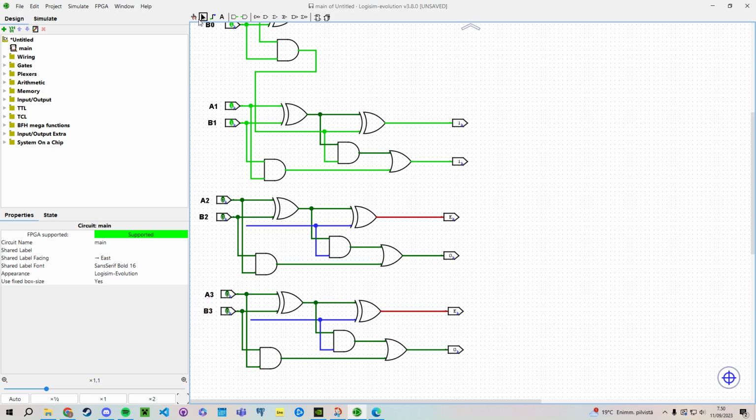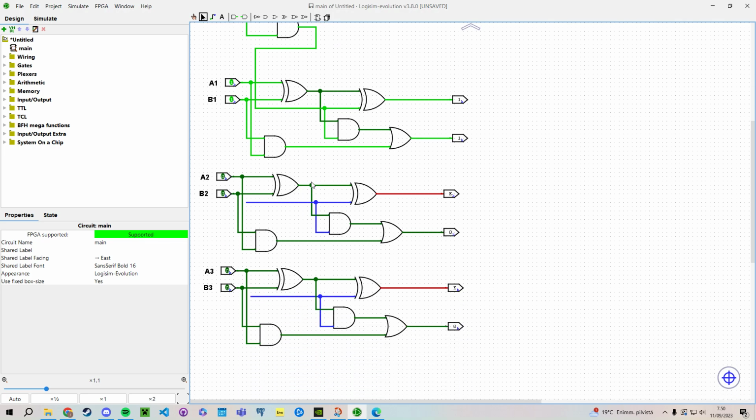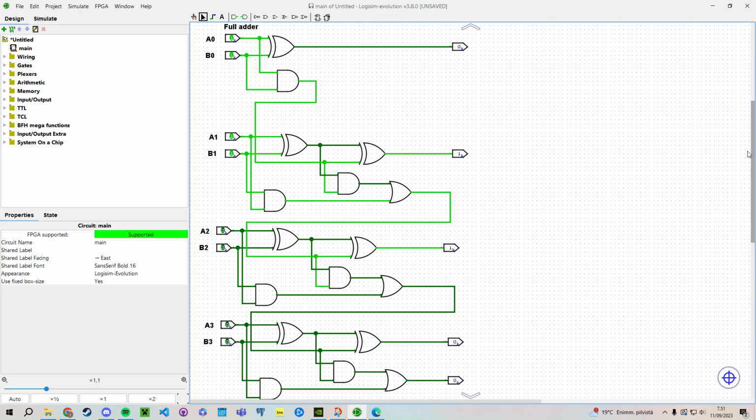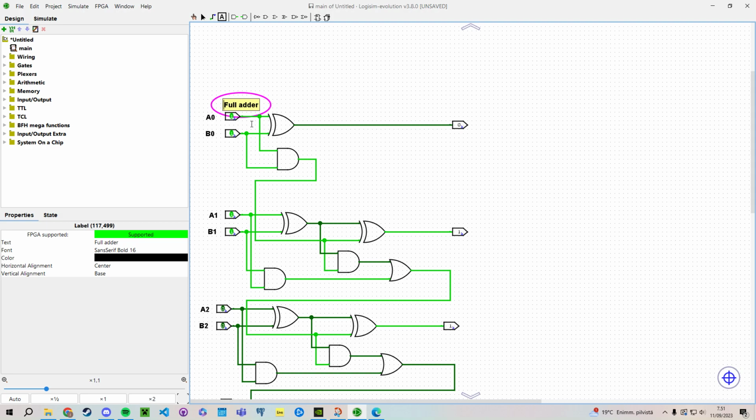And now we should have a 4-bit full adder. Let's just delete that, delete that, and connect from here to here, and from here to here. And let's change this to 4-bit full adder. There's a dash there.